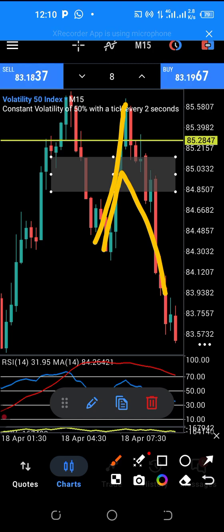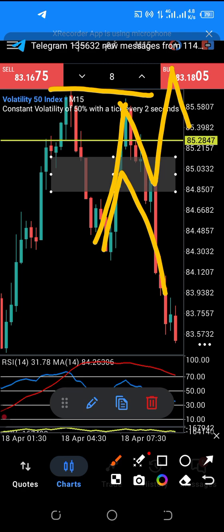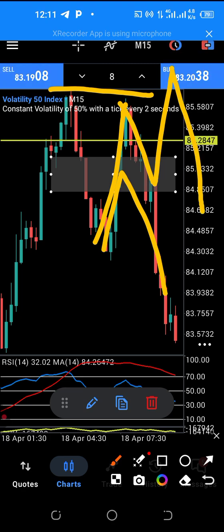Because having done that, it may turn into an inverse fair value gap, that it might come like this and go up. So that was what I was expecting: going up and taking the liquidity above here before I start expecting it to come down. But unfortunately, it doesn't do that.